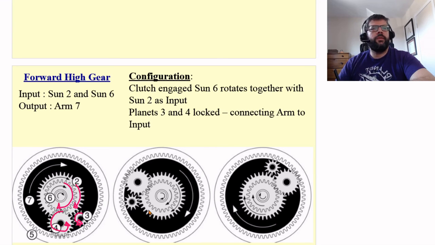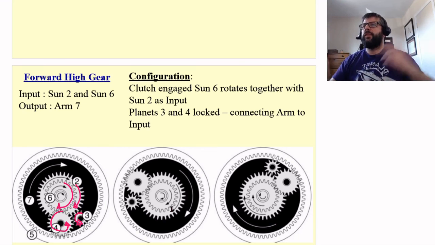So as a result, basically what we're going to see here is that those two, the 3 and 4, are going to want to rotate against one another, but they can't.